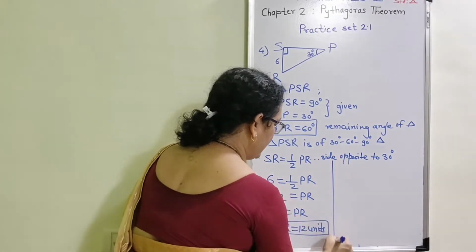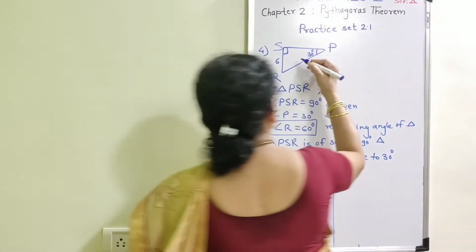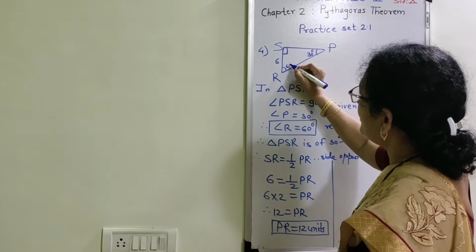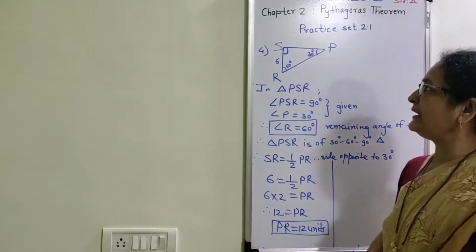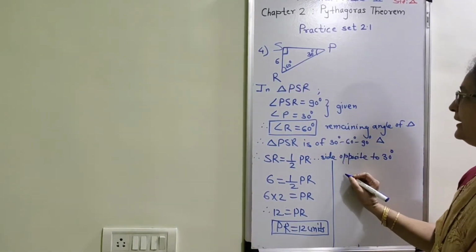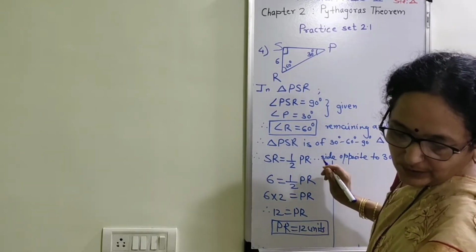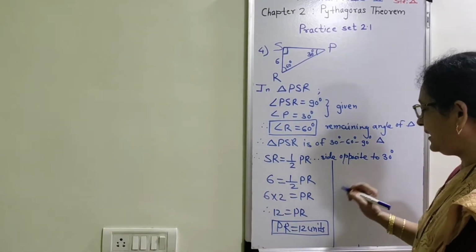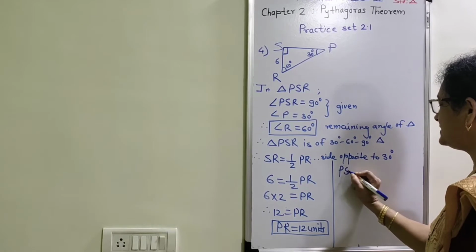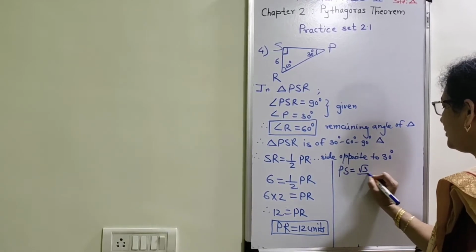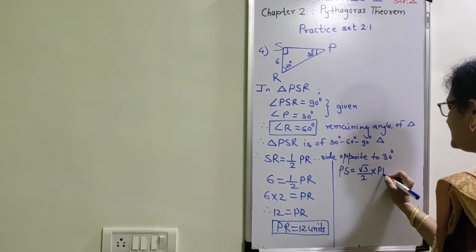Now the second step, the side opposite to 60 degree. We have just now determined that this remaining angle is 60 degree and therefore PS is equal to root 3 upon 2 into the hypotenuse PR.